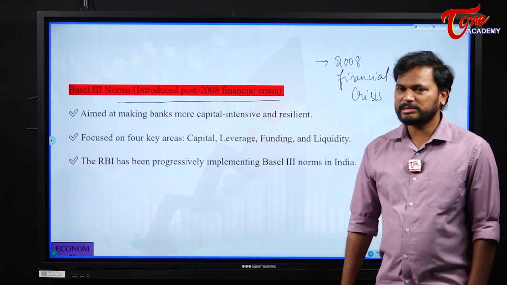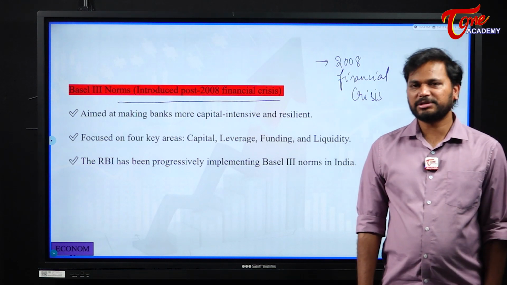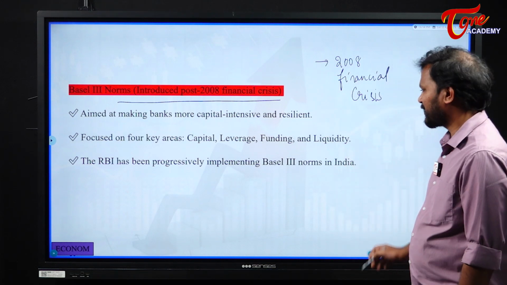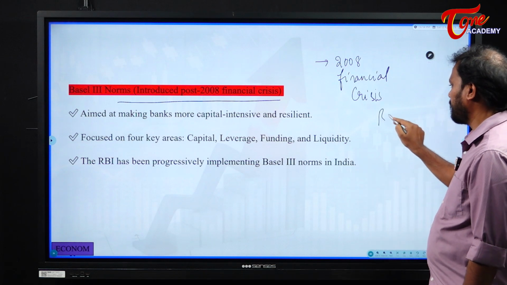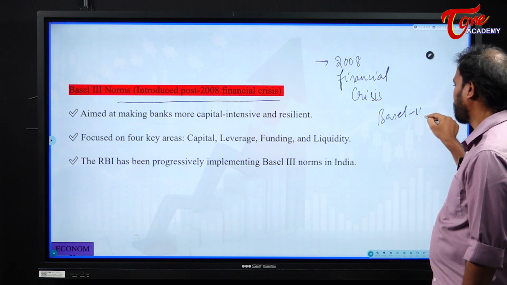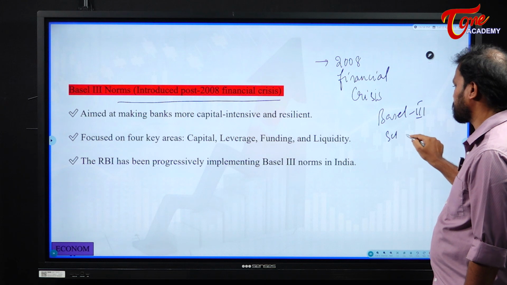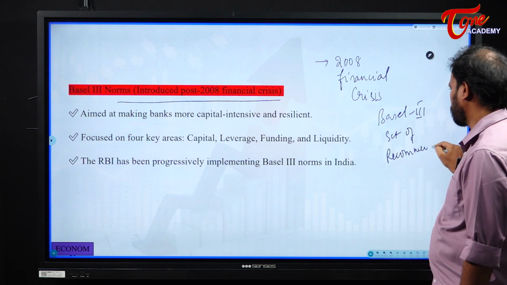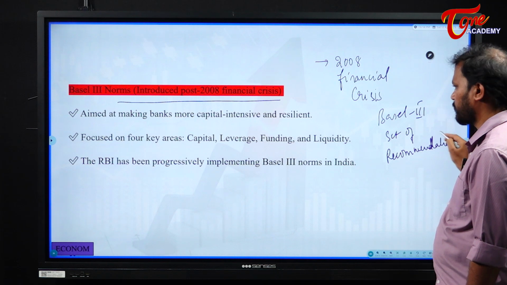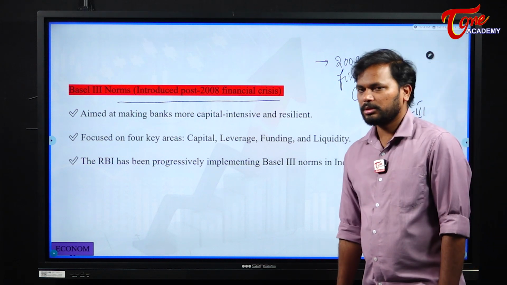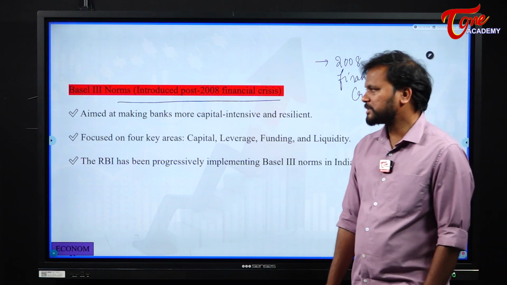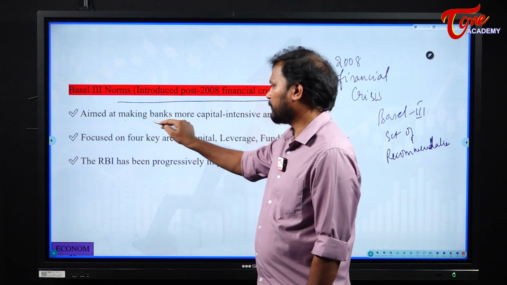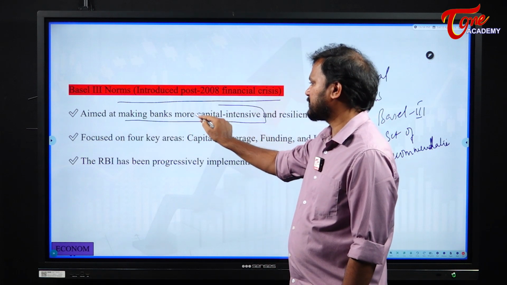It is because of the 2008 financial crisis that we have come up with another set of recommendations, the Basel III recommendations. These Basel III norms aim at making banks more capital intensive.